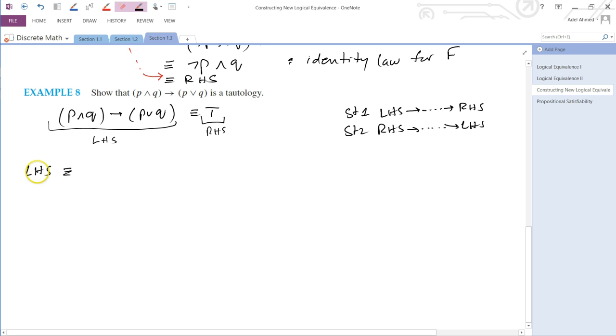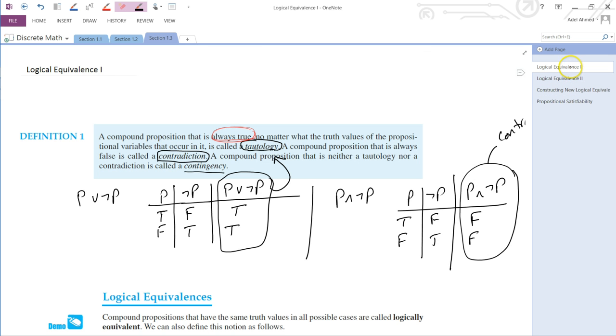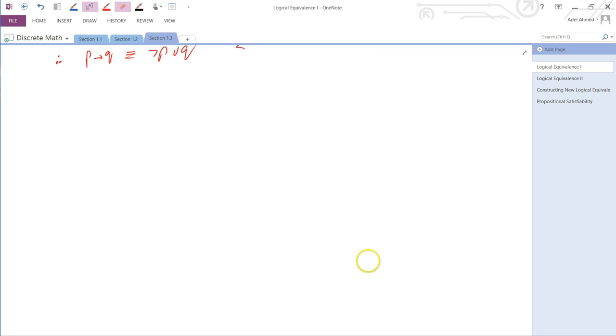The left hand side is equivalent to P and Q implies P or Q. Now let's see, what can we do over here? If you recall, one of the formulas in our formula bag that I mentioned earlier is, let me scroll down to that.